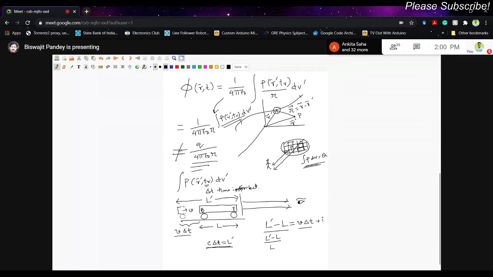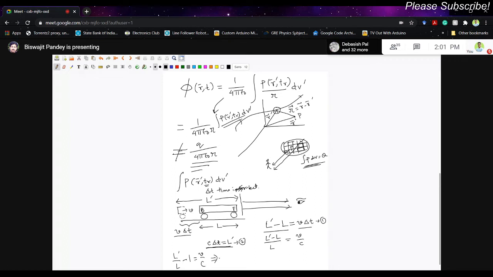Suppose this is one equation, this is the second equation, then we get V by C. So this will be 1 minus L by L prime equal to V by C.